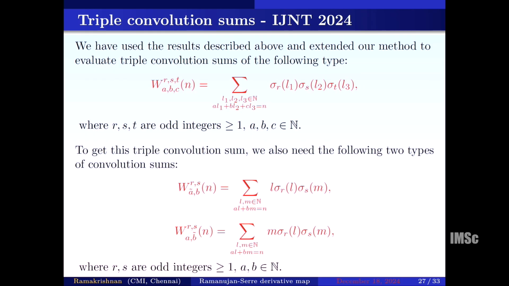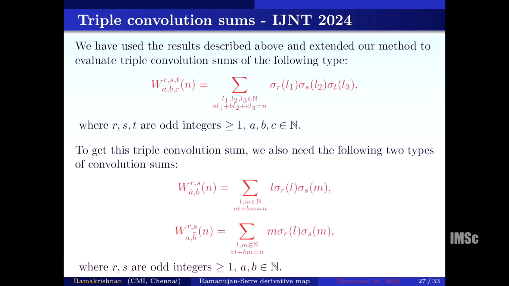To get this triple convolution, we also need the following two types of convolution sums. One is L sigma R, L sigma S, and the other is sigma M sigma R sigma S. I put a tilde here, so that B tilde means this function is differentiated, the derivative. This is nothing but, if you take the derivative of E S plus 1, this M into sigma Fm will come when you do the Fourier expansion, and then multiply with E R plus 1, we get this convolution sum.